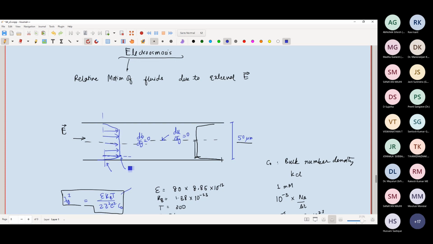So this velocity is called the Helmholtz-Smoluchowski velocity, and because this thickness is so small, it is 1,000 times smaller than the channel half height. What it naturally means is, if you were to study the dynamics over 50 micrometers, it will almost appear that this Helmholtz-Smoluchowski velocity is occurring at the wall.